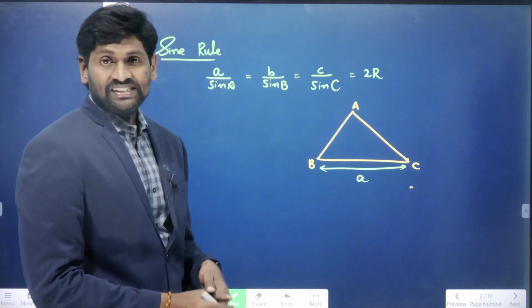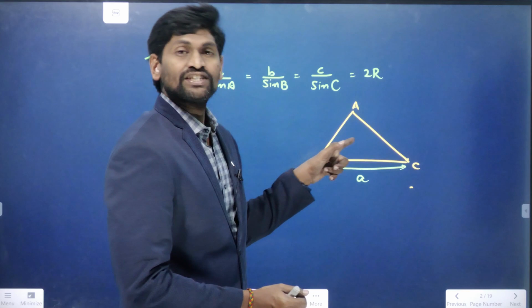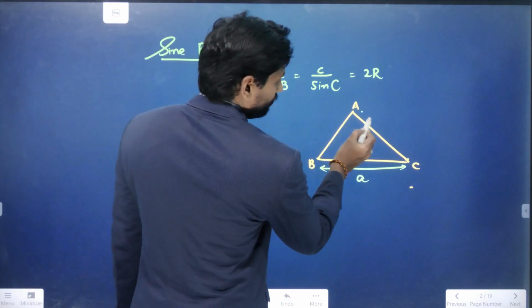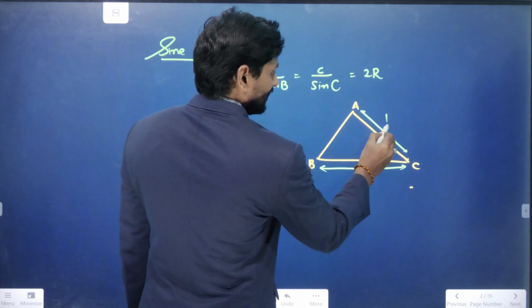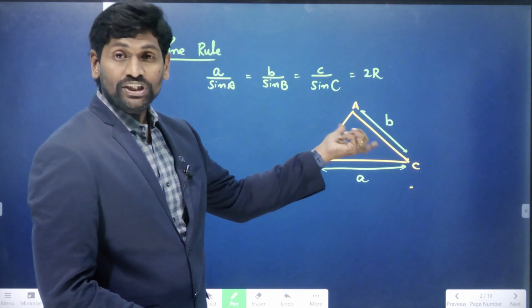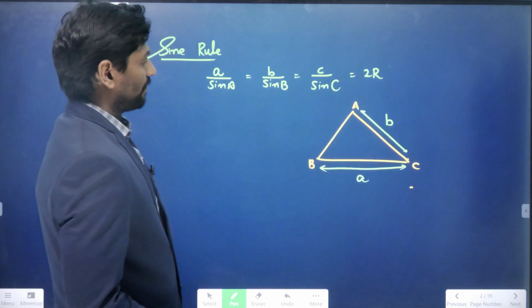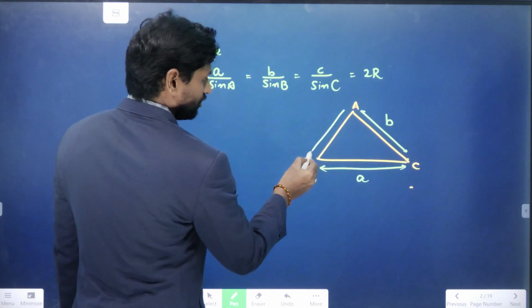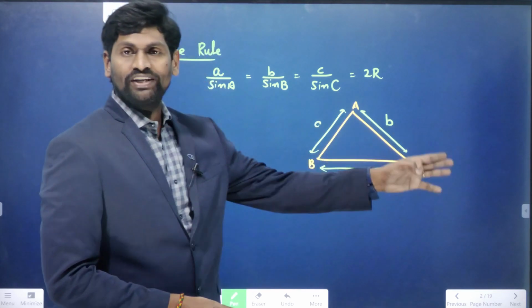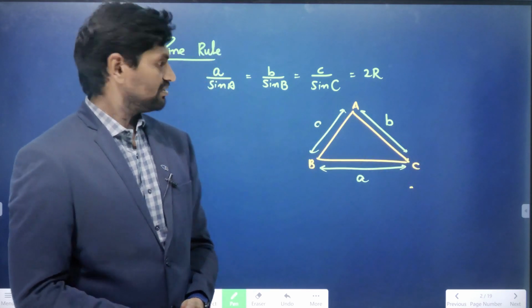So small a is the length of the side opposite to vertex A. In the same way, small b is the side opposite to vertex B, and small c is the length of the side opposite to vertex C.